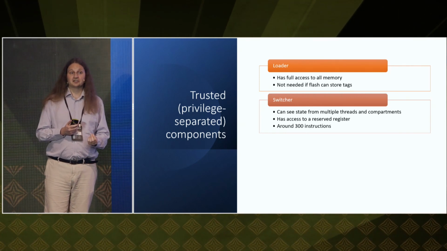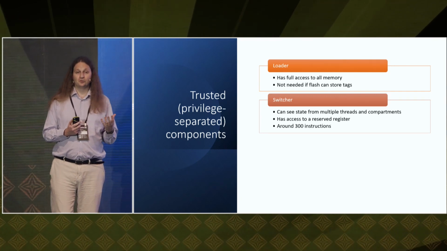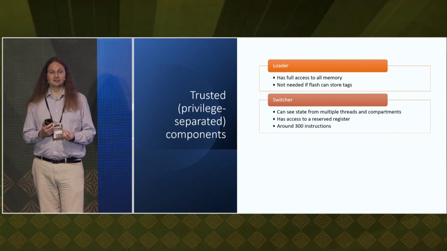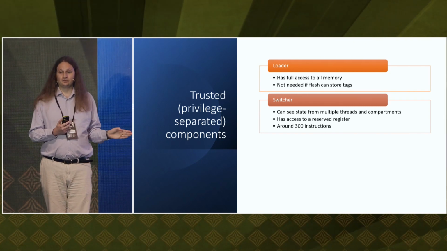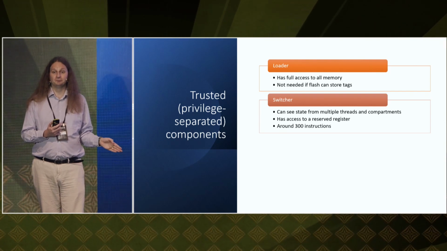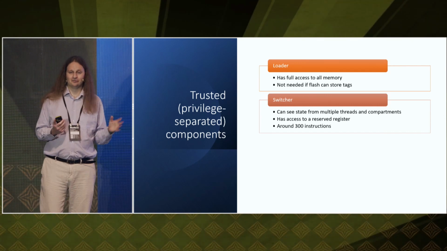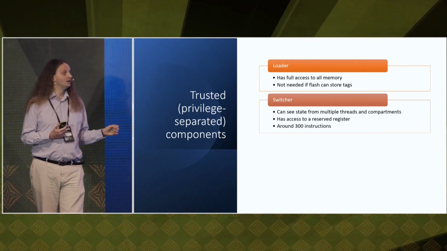It's about 300 instructions. So to put that in perspective, the seL4 formally verified microkernel has about as many unverified assembly instructions in their TCB as we do. But in our case, that's all of our TCB for confidentiality and integrity.